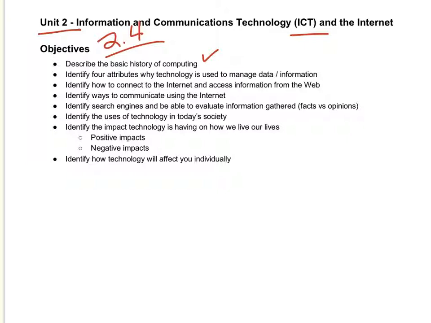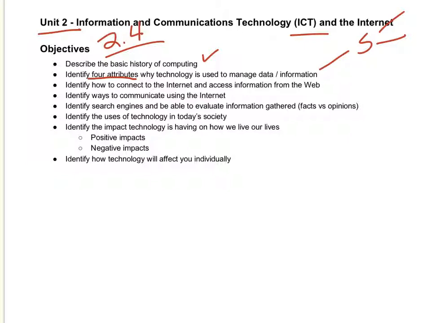What were the 4 attributes? Think about it a little bit. Speed, and remember that's processing speed, nanoseconds, picoseconds, milliseconds. And then we talked about speed of the data traveling through networks, bits per second.